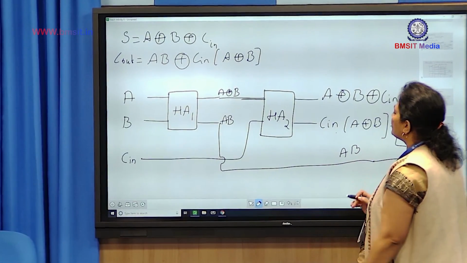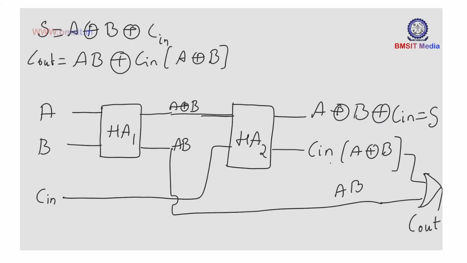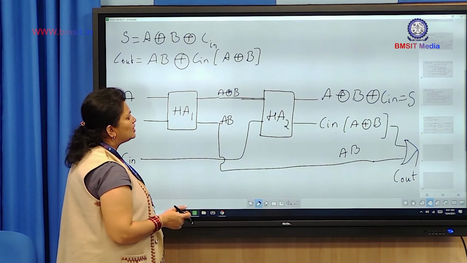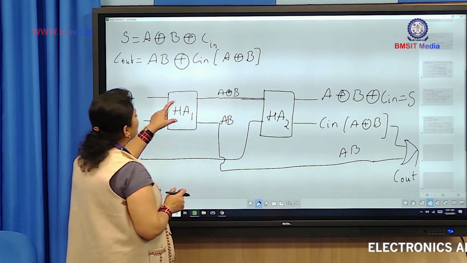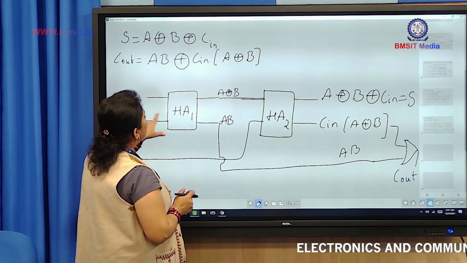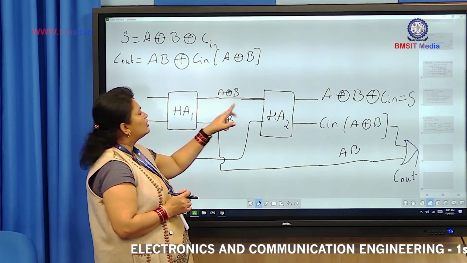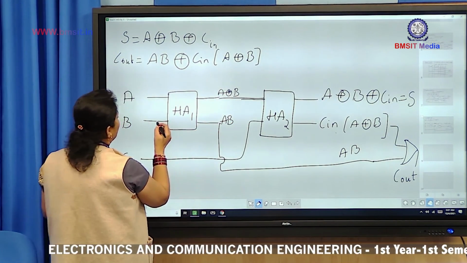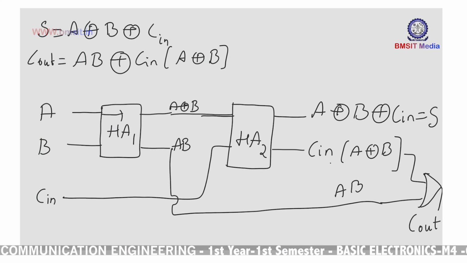So here I have just shown you the block diagram of how to implement the full adder using half adders. So you can go for the logic structure also. So what is that logic structure? What is half adder composed of? Two inputs and two outputs. The first output is A XOR of B. So to get A XOR of B, you can pass A and B through an XOR gate.